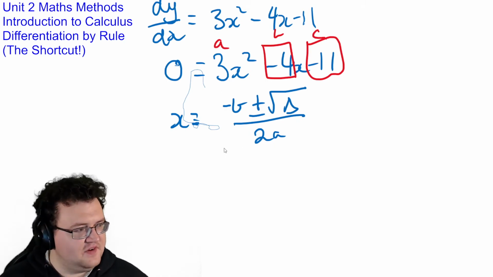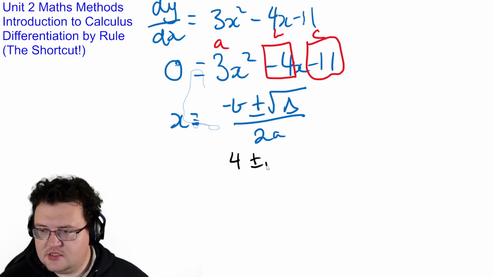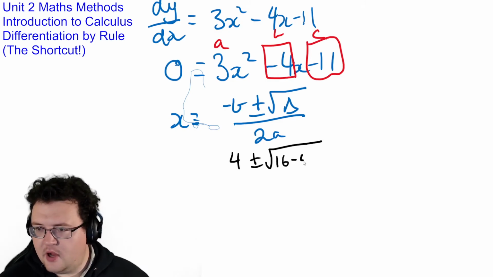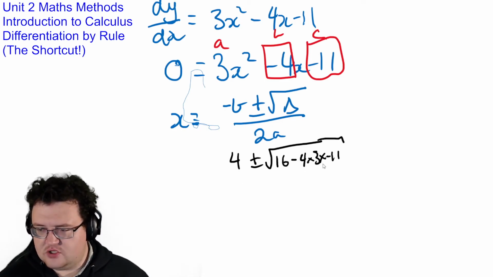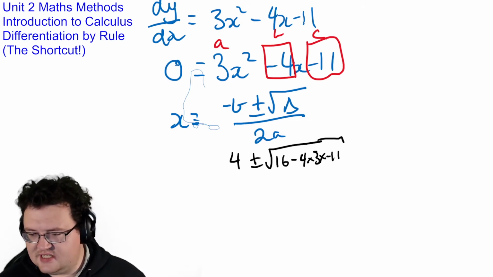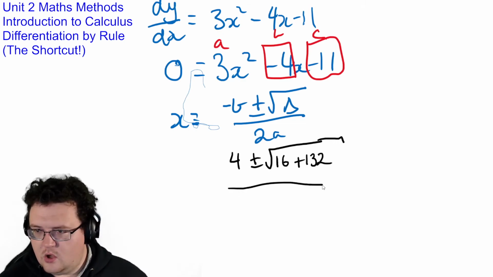What is negative of negative 4? Plus 4. Plus minus the square root of 16 minus 4 times 3 times minus 11. So that is minus 4 times 3 is minus 12. Minus 12 times minus 11 is plus 132. All divided by 2 times 3, which is 6.